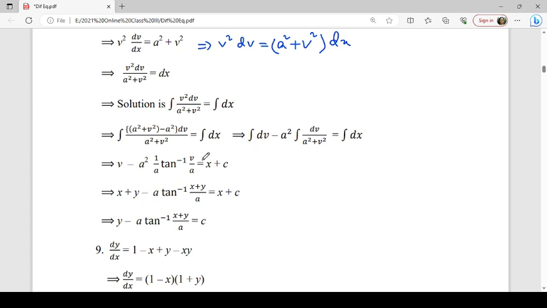The integration of dv is v, and the integration of 1 by (a square plus v square) is in terms of the tan inverse function. So it is minus a square, then the formula is 1 by a tan inverse v by a, and the right hand side is x plus c. We substitute v as x plus y. So this is our solution.